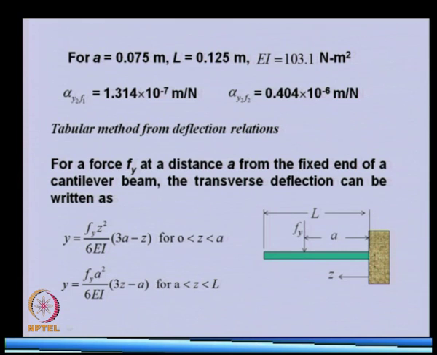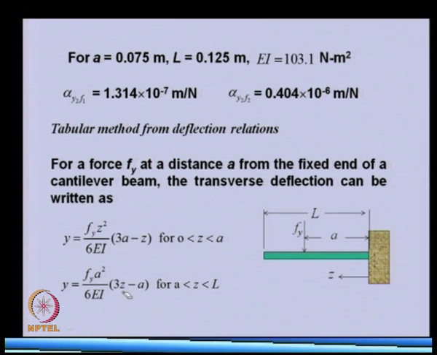So, we have a formula for such a cantilever system in which, let us say, Z is measured from here, A is the position of the force, and the total length of the shaft is L. The displacement at any location can be given by this expression, and this particular expression is valid for 0 to A. So, in this range this displacement relation is valid.